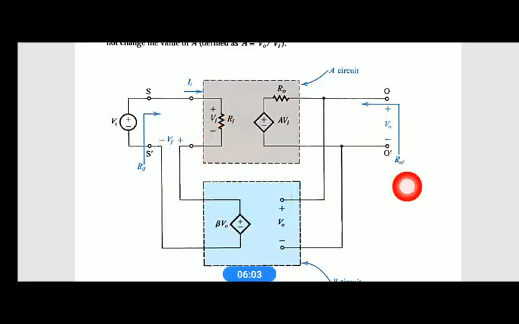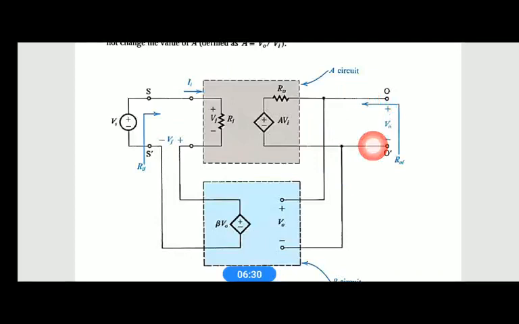Similarly the output resistance, which is R0 for the open loop circuit, becomes ROF when you close the loop, looking from points O and O dash. Here the current going into the amplifier is II, and the output current we are taking as I0.